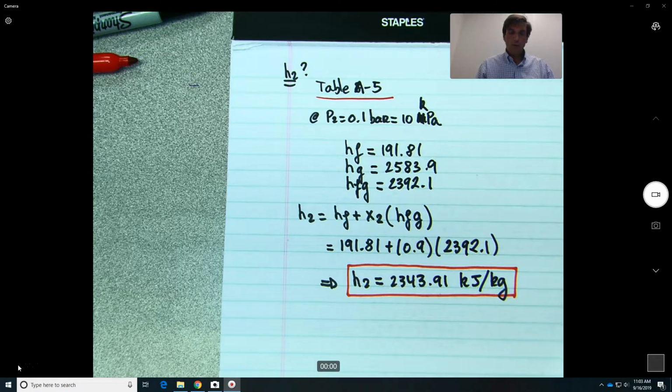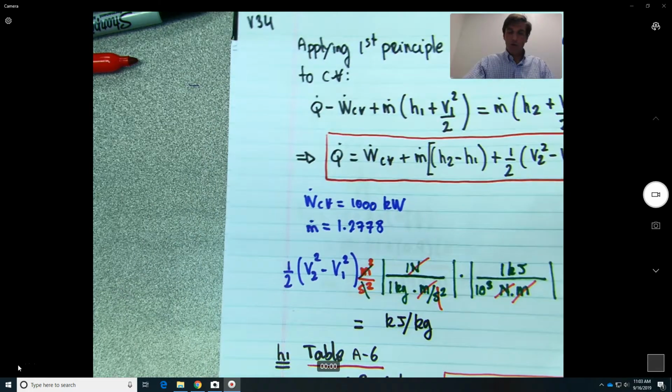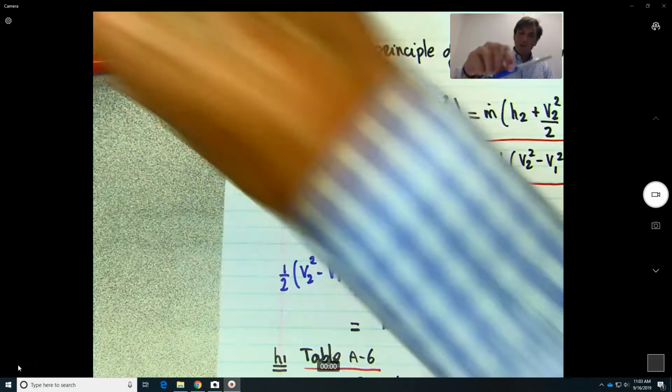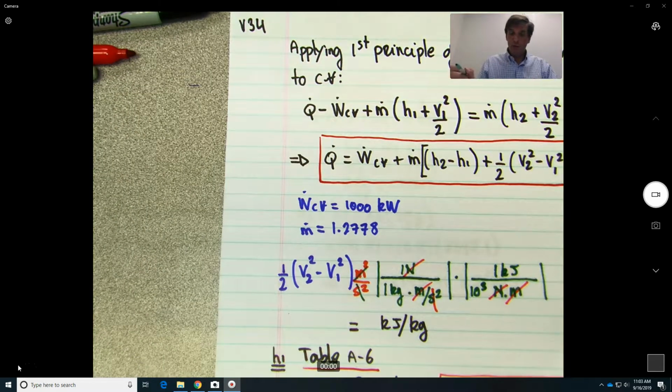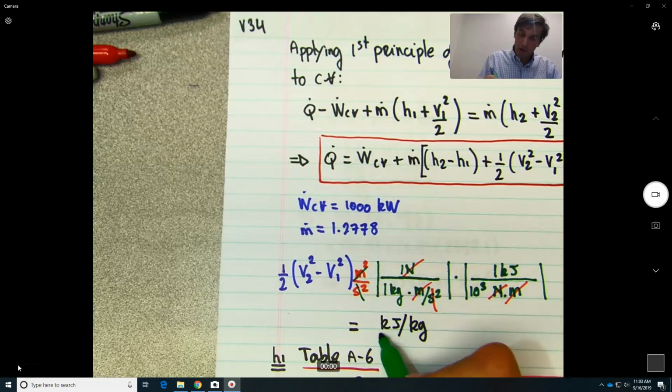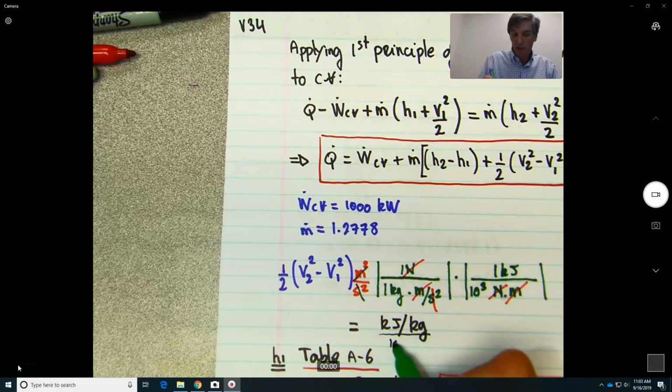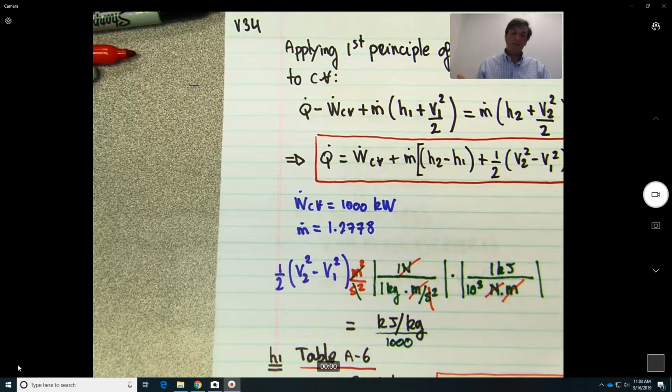Okay, so I think we are almost ready. Let me go back for a second to this page just to make sure that we're not going to make the mistake. Remember over here we did all this for the units, but let's not forget that this value here we're going to have to divide by 1,000 because of the 10 to the 3.